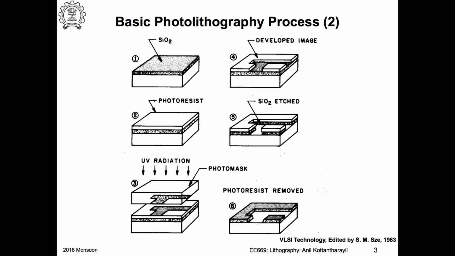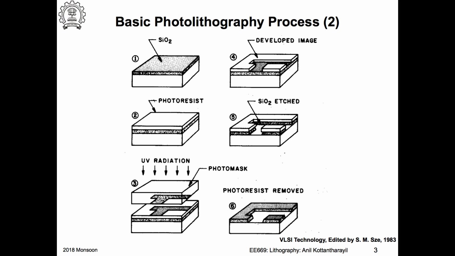You can see the glass piece is transparent, but on the bottom face of it you have this chrome pattern. So when you shine light, this region is masked, which means the light would fall on the white areas, not the shaded areas, right?